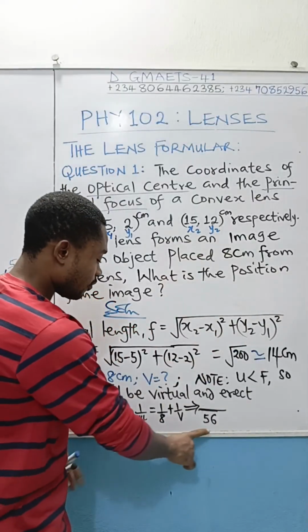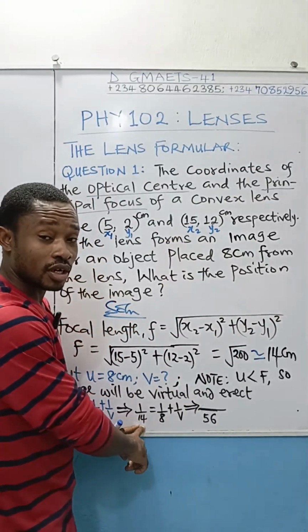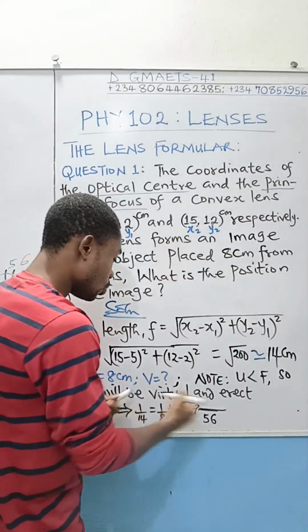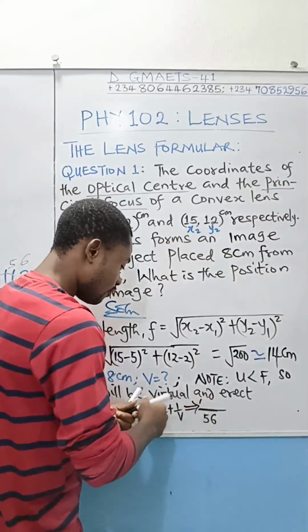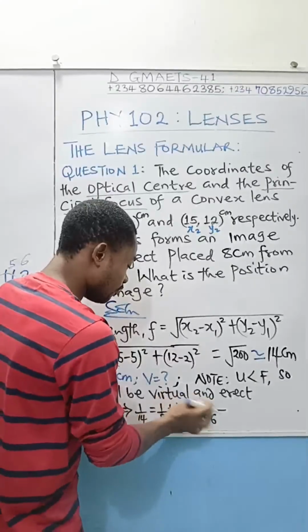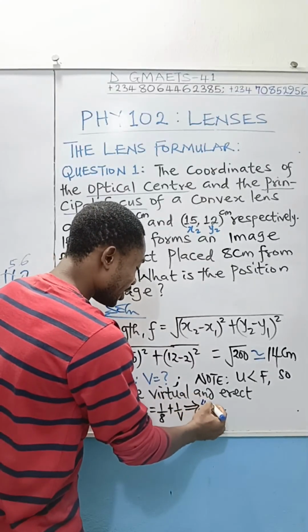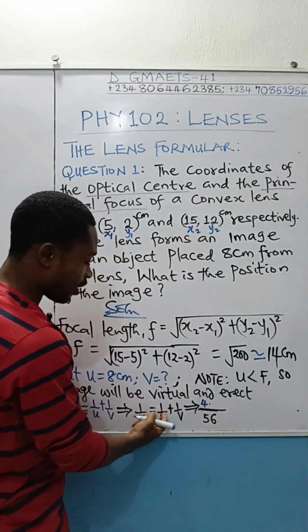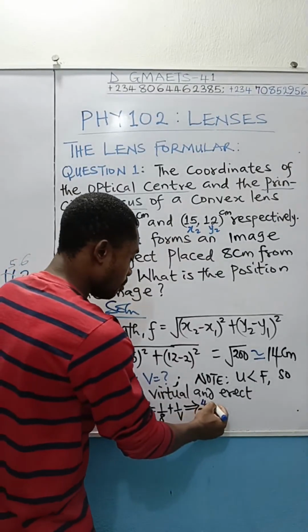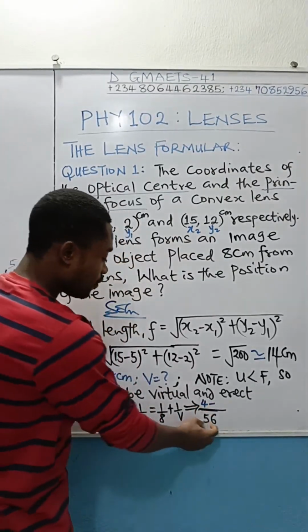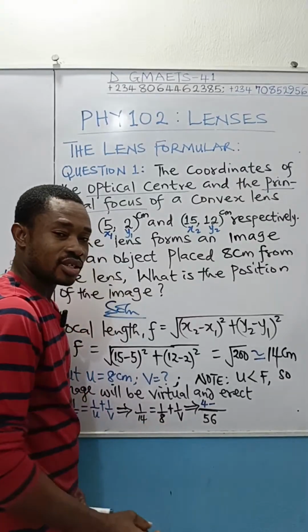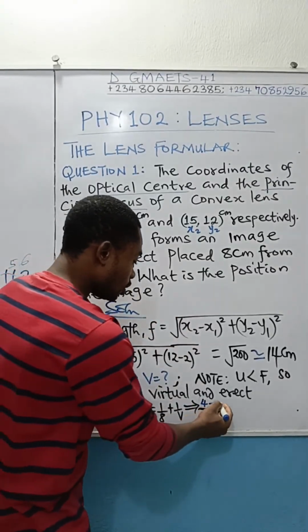So 4 times 1 gives you 4. Then, remember, 1 over 8 moved to the left-hand side will be minus. 56 divided by 8 gives you 7, and 7 times 1 gives you 7.